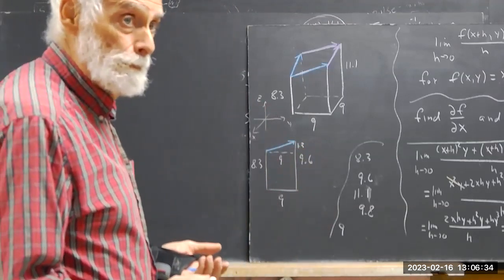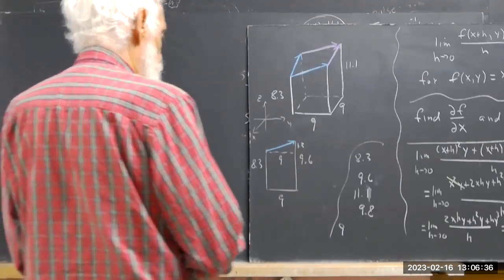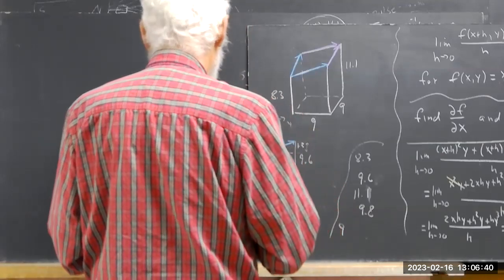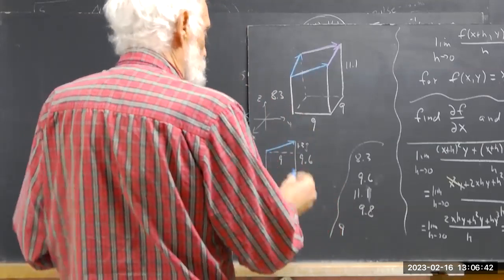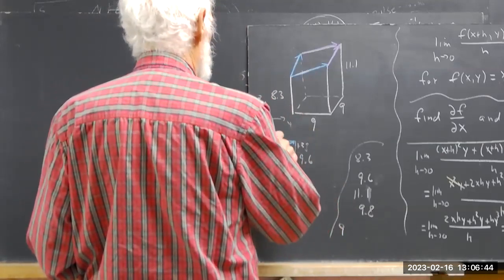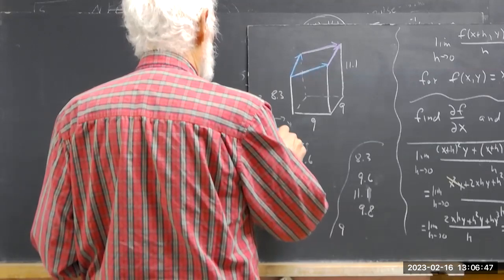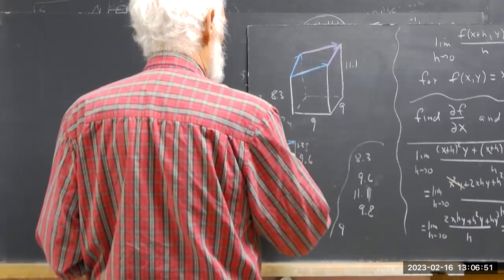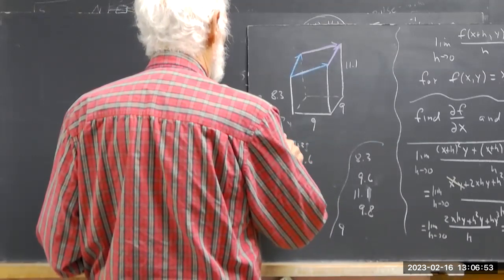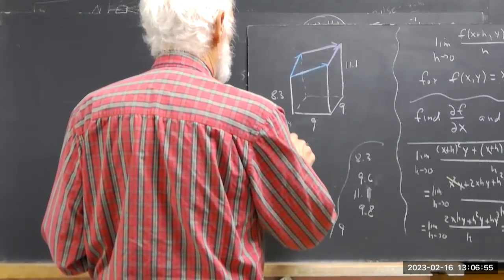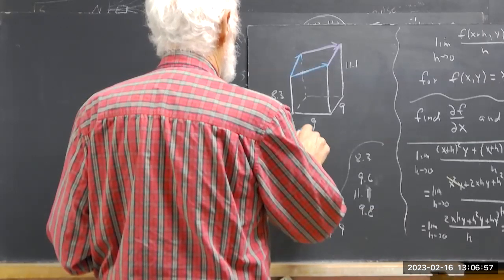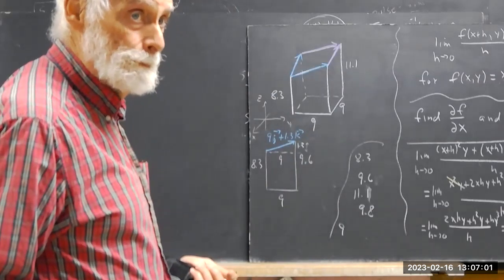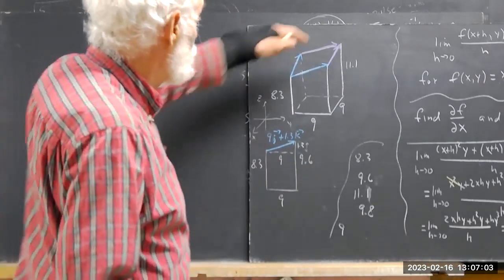Got 1.3, which is here and here. Well, that would make this 9J plus 1.3K.